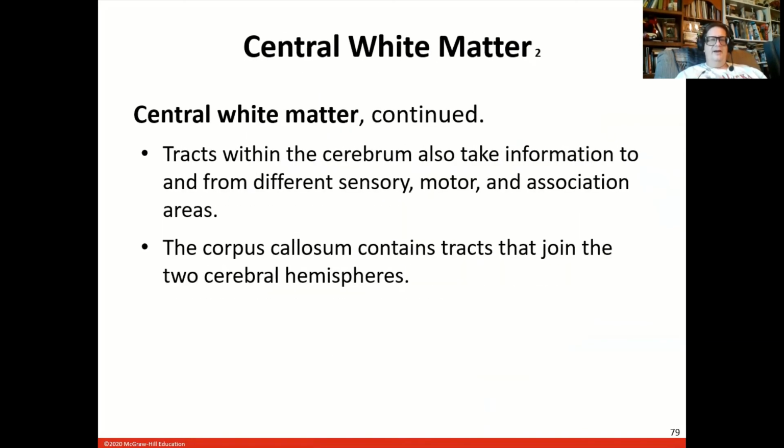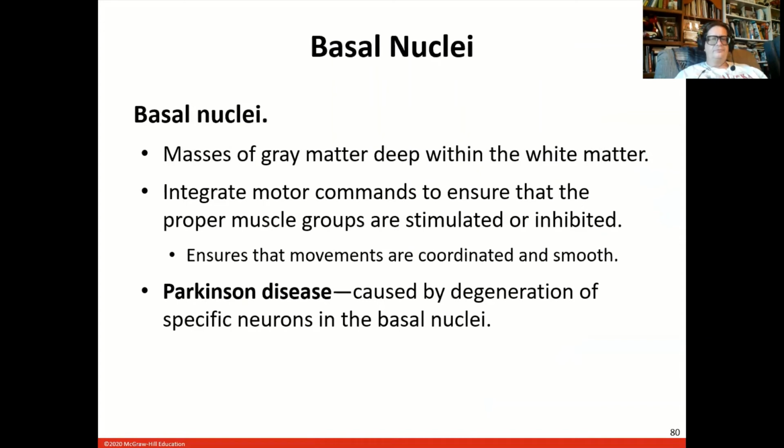All right, let's move back here. So the basal nuclei are masses of gray matter deep within the white matter. So we actually have gray matter, white matter, gray matter. These will take commands, what we should do with muscles, and integrate them to make choices about the right muscle groups.